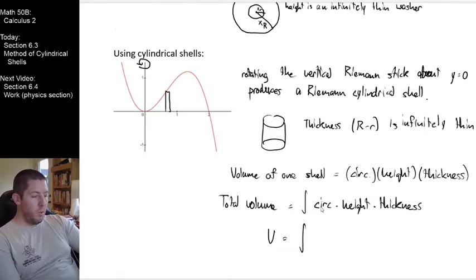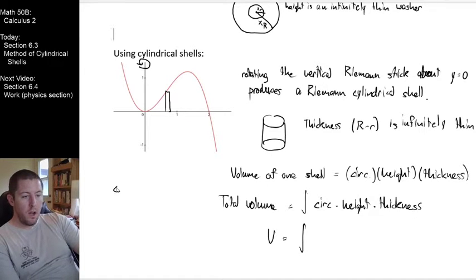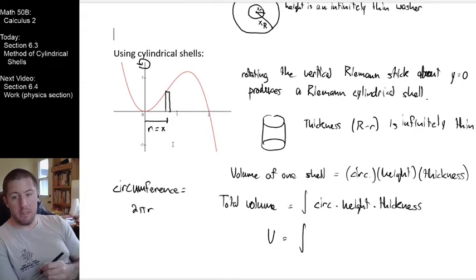First things first, we need to be able to talk about the circumference of one cylinder. We know that circumference, should write the word out one time at least, is 2 pi r. And what we can see here in this diagram is that our radius is just a measurement of x.